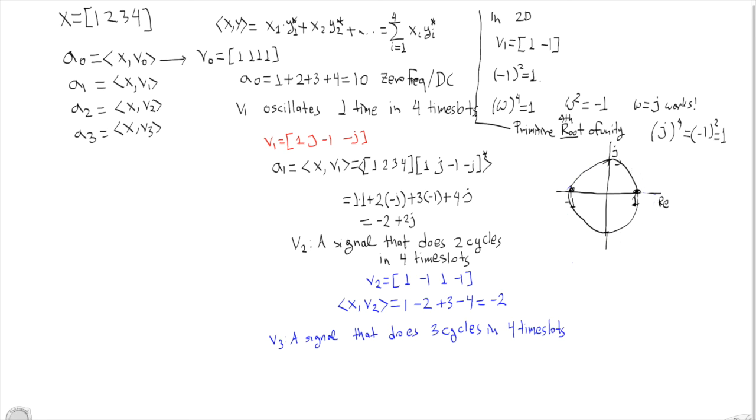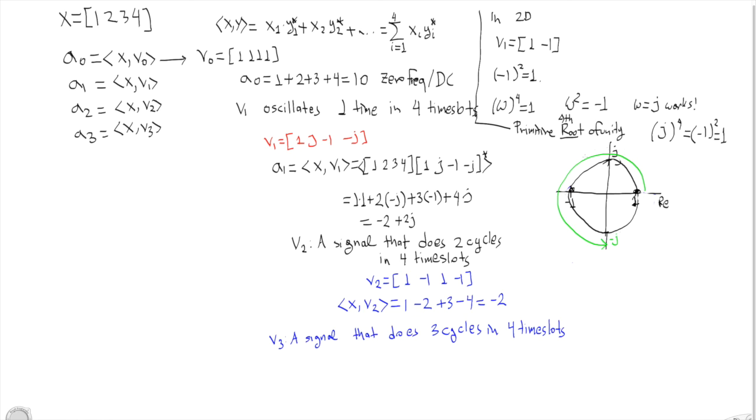In order to find a signal that in 4 time slots has done 3 full cycles, remember this here is minus j. So I would like to jump in each step 3/4 of a cycle. So this is basically how much I need to jump each step. So this is going to be minus j.